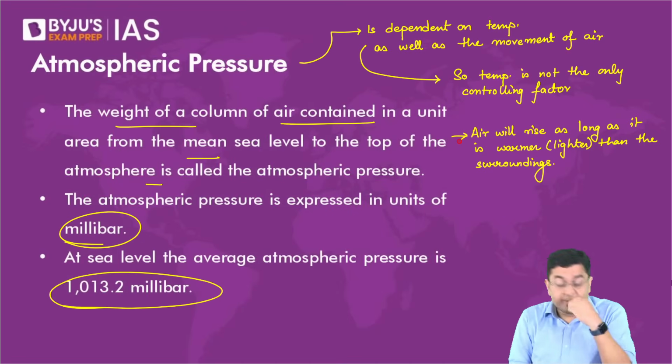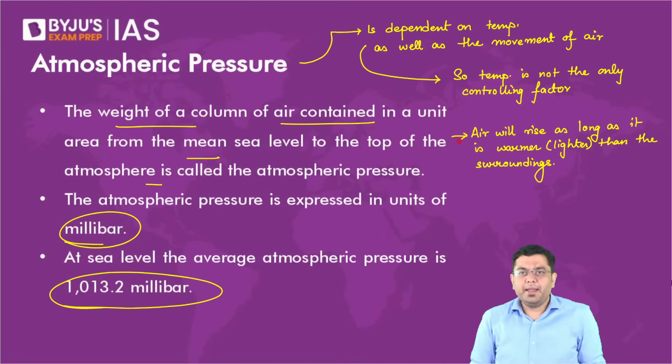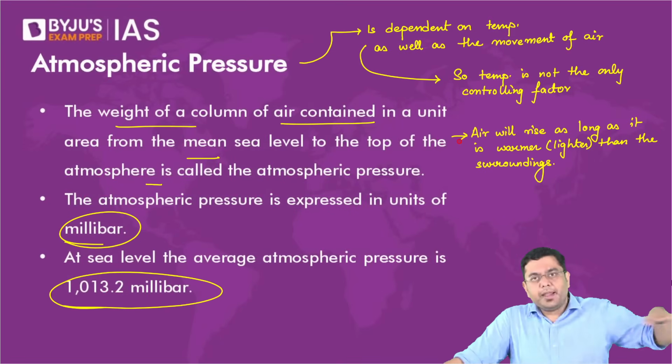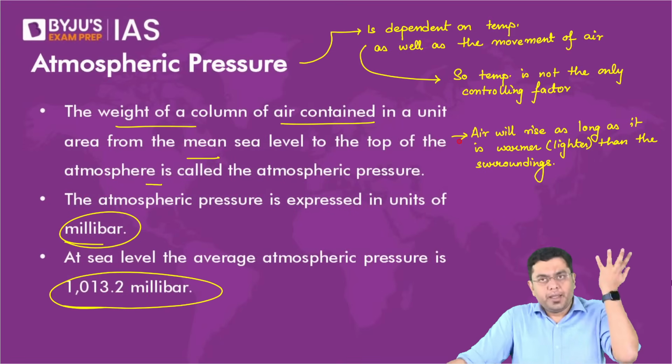Okay. The moment that it becomes colder than the surrounding, it will start sinking. The moment it becomes equal in temperature to the surrounding, it will stay at that level itself. As long as it is warmer, it will continue to rise up, isn't it?